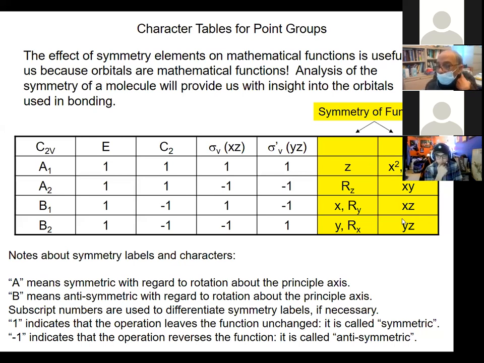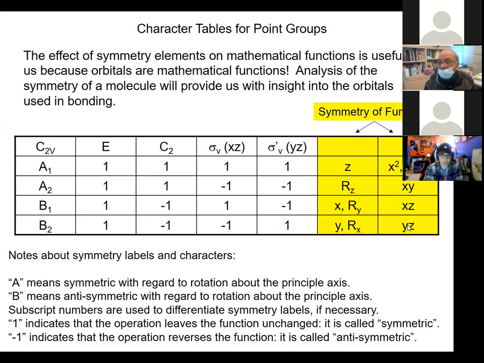You all must have seen the shapes of the d orbitals, right, in the inorganic chemistry class. You have a double dumbbell, which is what a d orbital looks like. If the double dumbbell is placed in between the x and y axis, then we say it's a dxy orbital. If that double dumbbell is located between the x and z axis, we call that dxz.